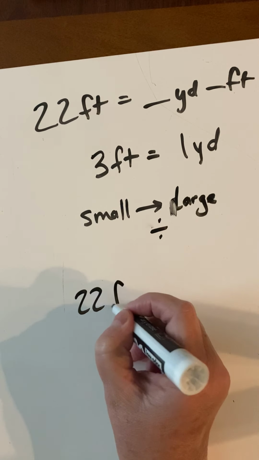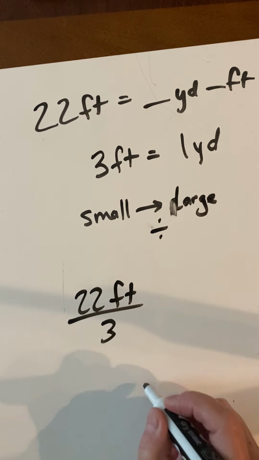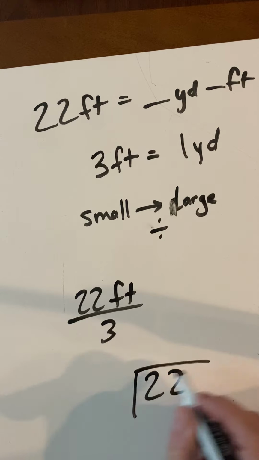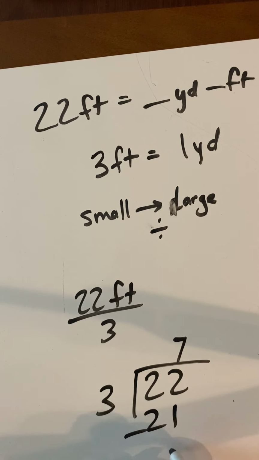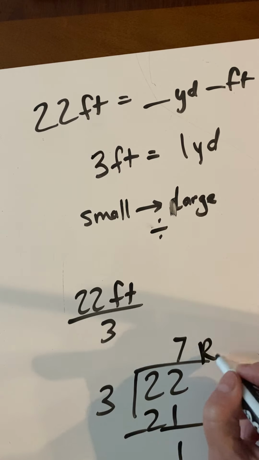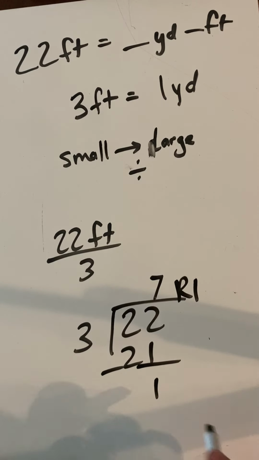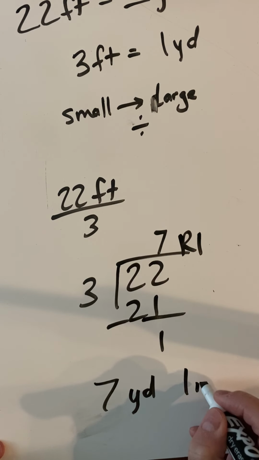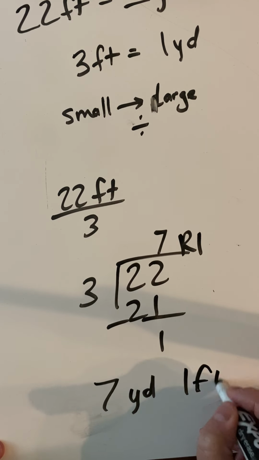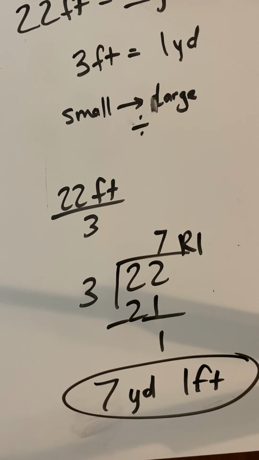So 22 feet divided by 3. Let me do the math here. 22 divided by 3, that goes 7 times, 3 times 7 is 21. Subtract that, and I have a remainder of 1. So my answer is going to be 7 yards and 1 foot.